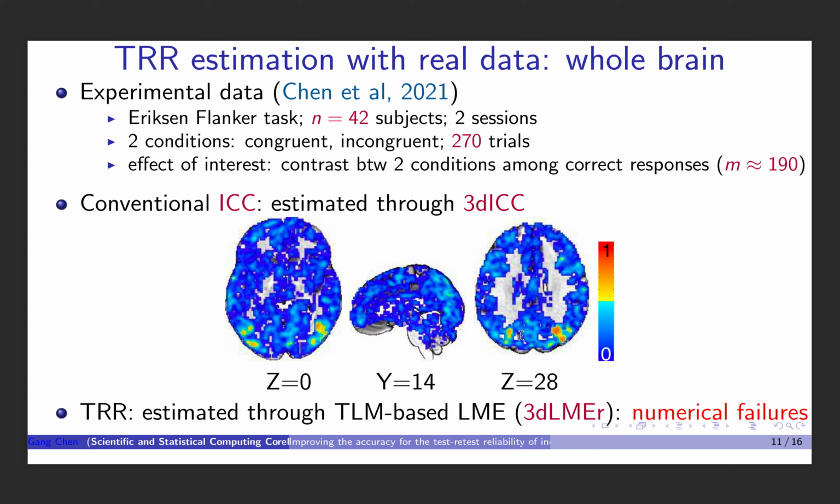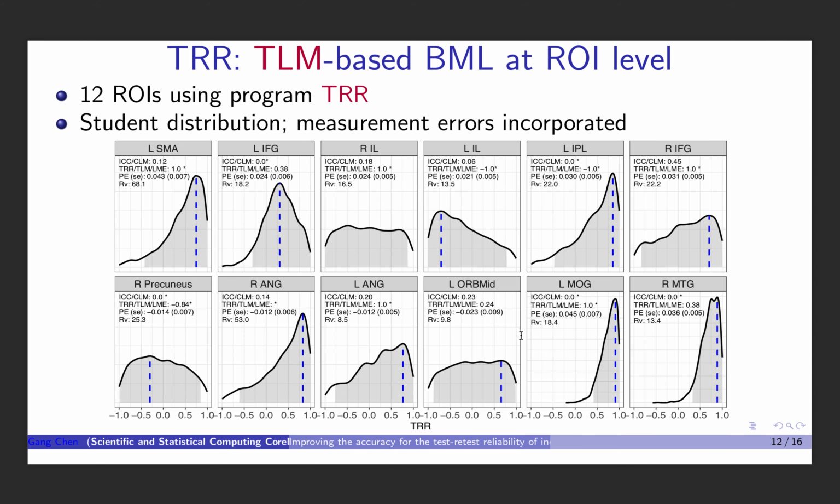How about the Bayesian approach? Well, I cannot show you the results either. The reason is that the Bayesian computational cost is pretty heavy. It's just not practical, so we don't have whole-brain results to show with the Bayesian approach.